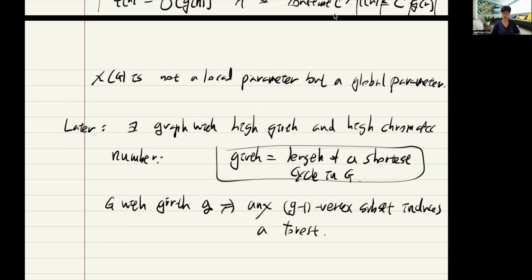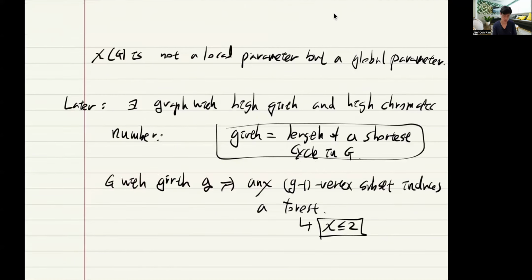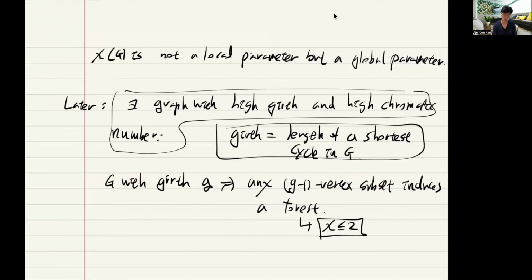It doesn't contain any cycle. That means any g minus 1 vertex subset induces a forest which has chromatic number at most 2. So it's 2 colorable. So any local structure is 2 colorable in this graph, but it could have a high chromatic number.